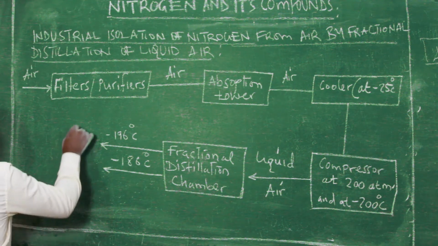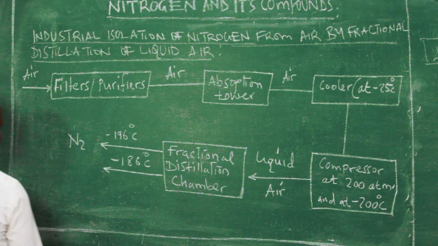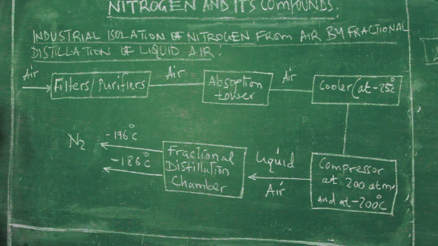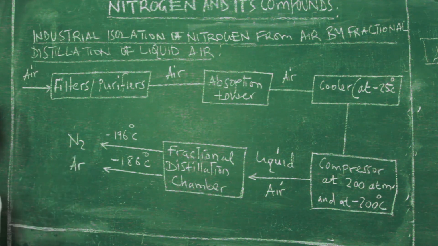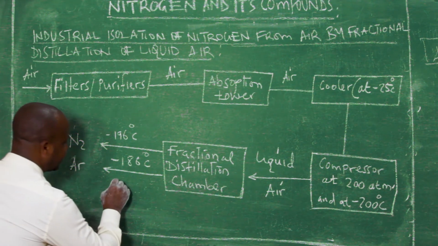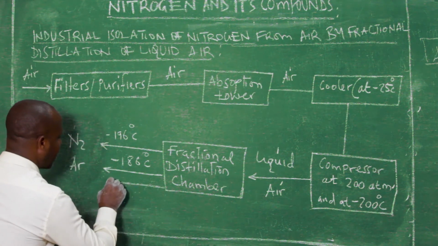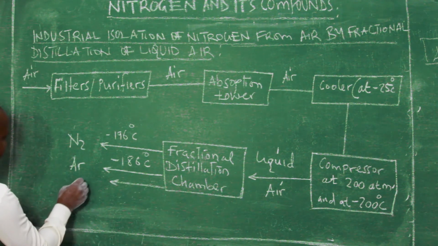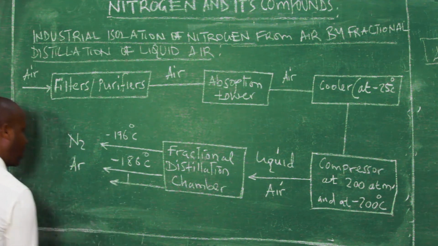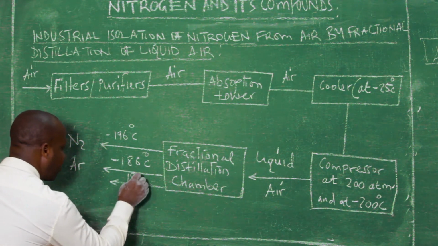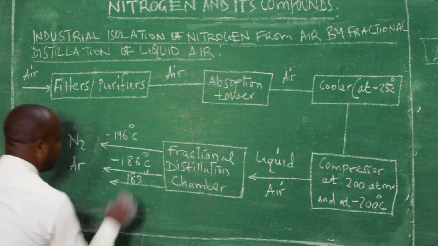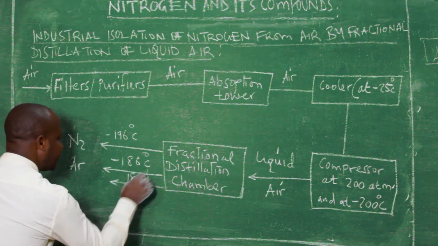This is nitrogen, which comes out at negative 196 degrees Celsius because it has a low boiling point, followed by rare gases. You can take argon as an example. And then lastly, what comes out lastly is oxygen gas, at a temperature of negative 183 degrees Celsius.